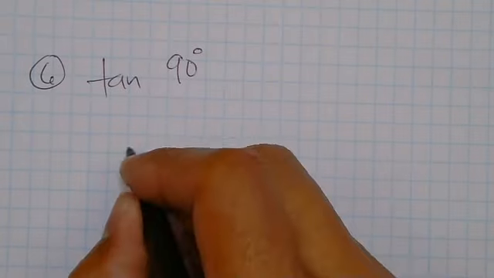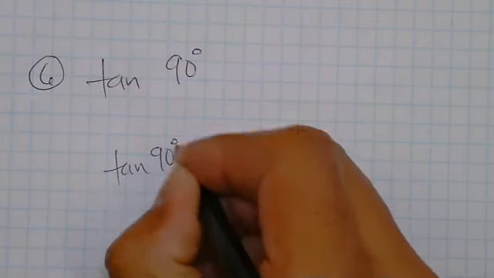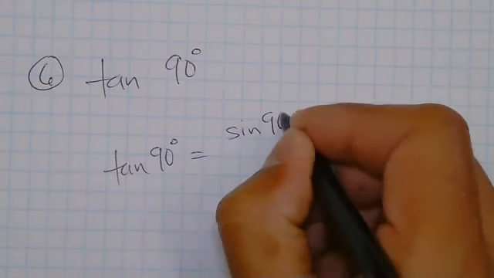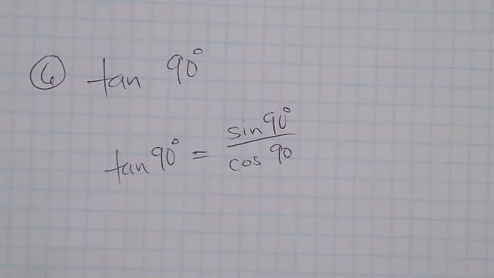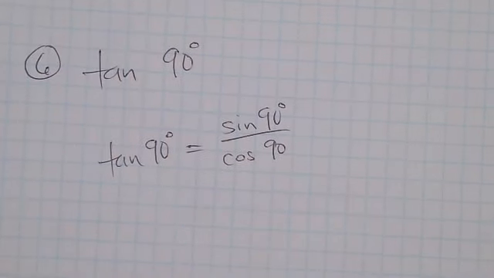What is tangent of 90 degrees? If you get this one, you got it. Well, then that would have to be sine of 90 divided by cosine of 90.